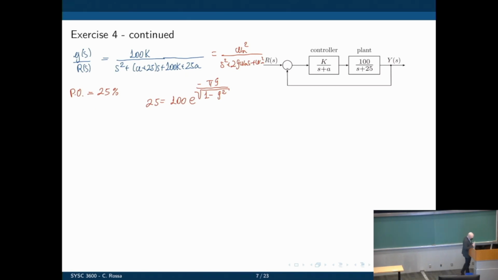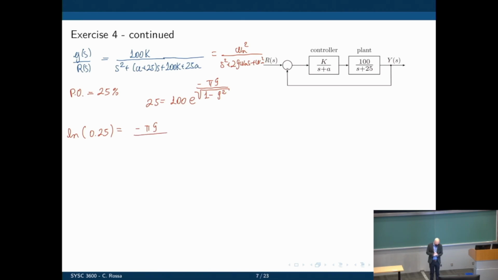And also always be reminded that this equation only holds for underdamped systems, meaning that we cannot have a damping ratio outside of those bounds. This doesn't work. So what do we do now? We can divide 25 by 100. That is 0.25. We can take the natural log of both sides of this equation.